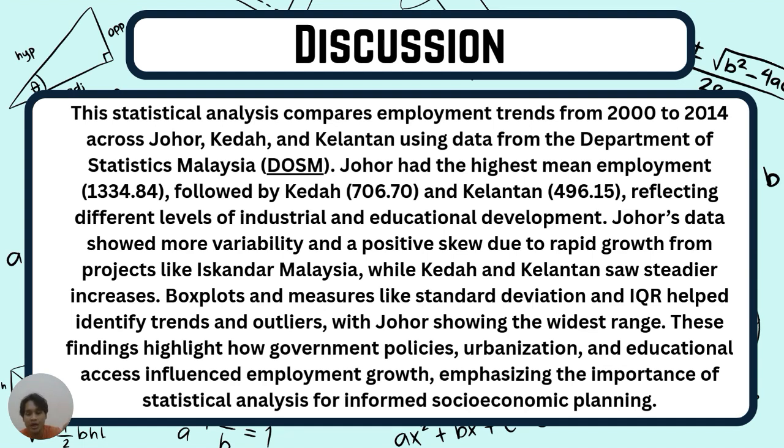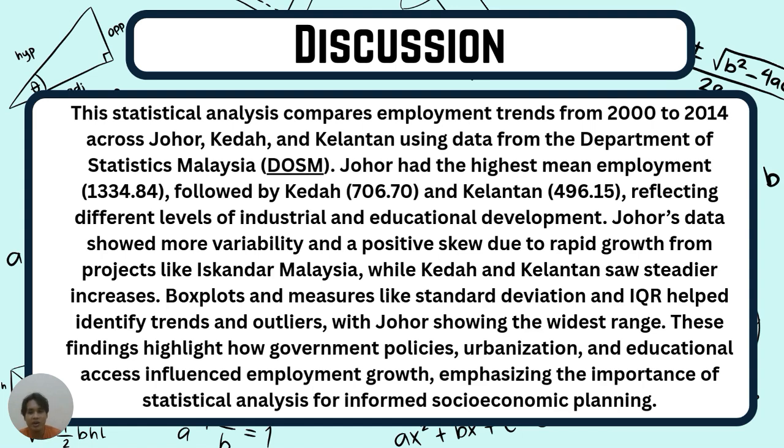In contrast, the other two show more symmetrical and steady trends with moderate increases in employment, suggesting relatively stable economic activity with few abrupt changes. The lower variability in these states is supported by the narrower IQR and lower standard deviation, reflecting less industrial and slower urban growth.